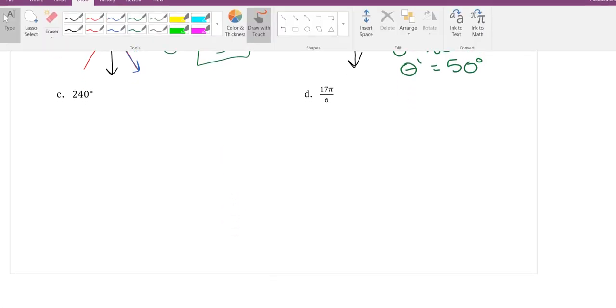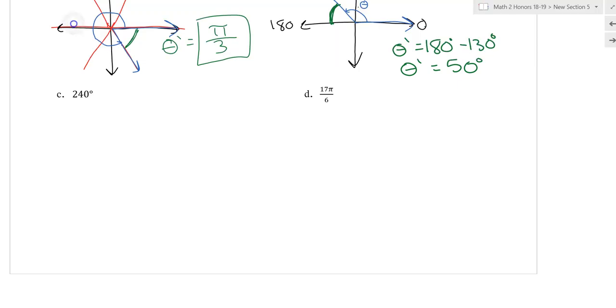All right, for C, 240 degrees. We're going to, again, go 0, 90, 180, 270.